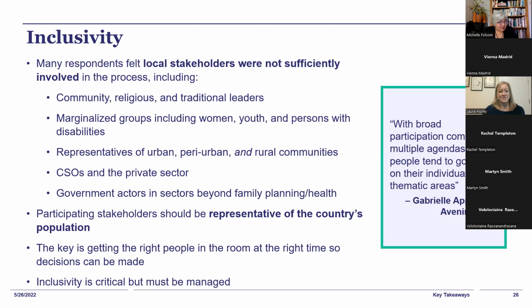And we need to respect that people are going to come in with their own agenda and they're going to push for it. But you've got to work with that and massage it and manage it. And sometimes too much inclusivity, too much participation can really lead to stagnation. So it's that balance, and it's a skill to manage and facilitate that. Next slide, please.